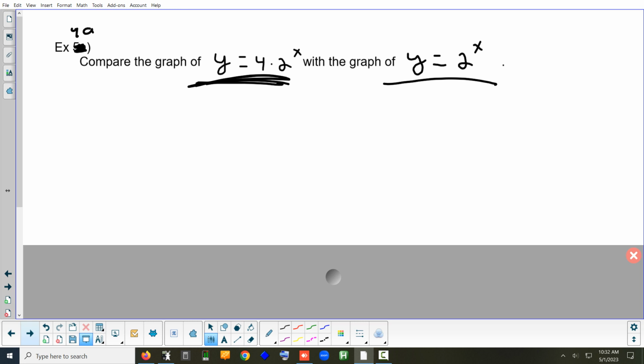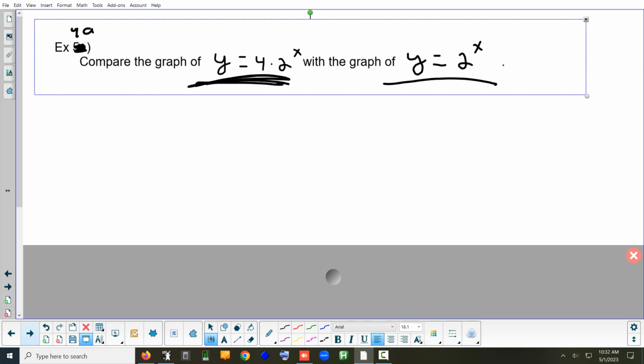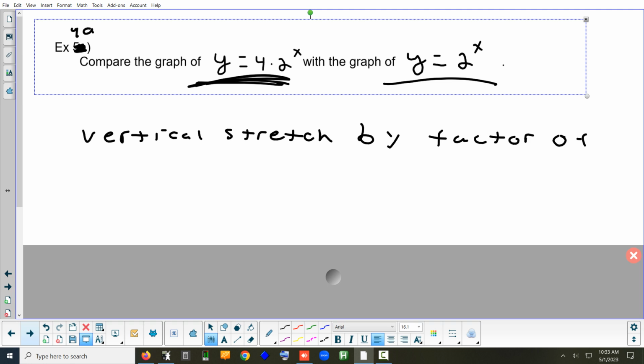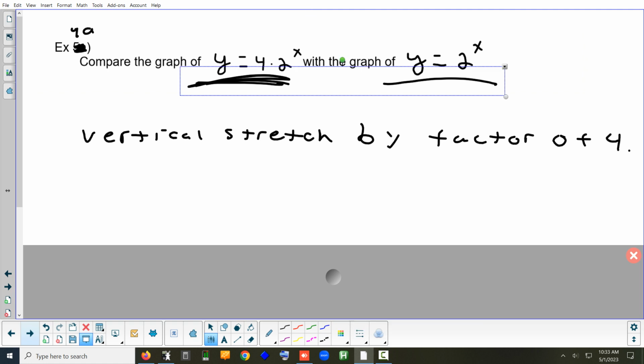Yeah, this one would be stretched 4 times as much as this one. So what's the sentence that we write down to describe that? Perfect. Vertical stretch by a factor of 4, and that's all you write. That's how you compare those 2 graphs. This one is stretched 4 times as much as that.